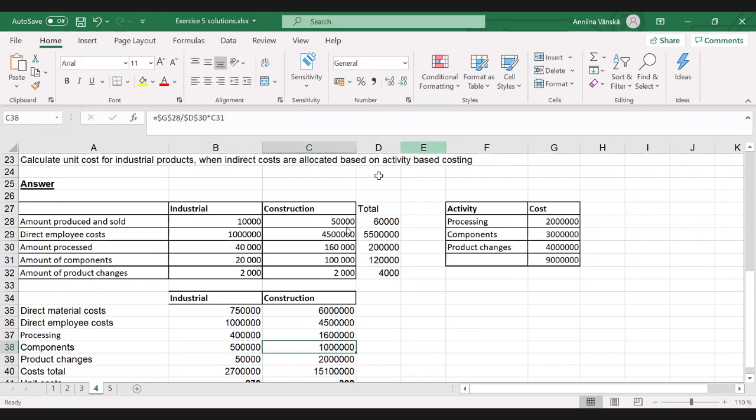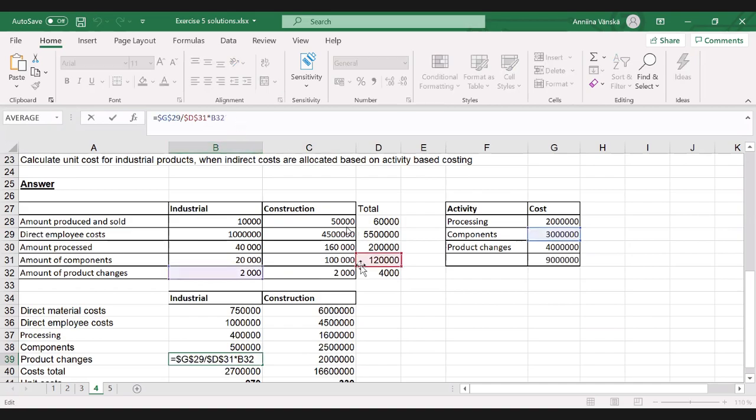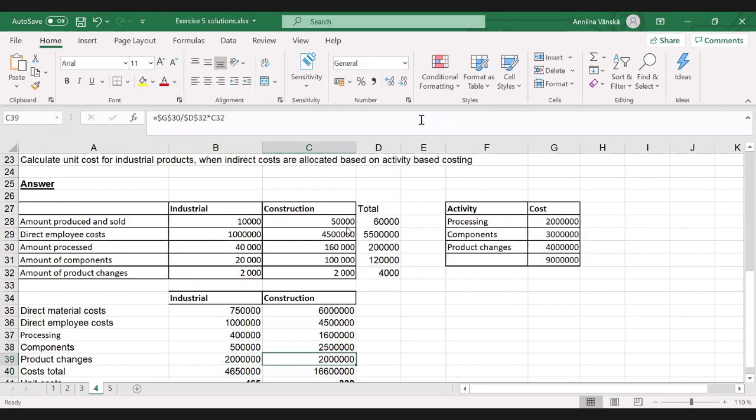And then I need to correct the same thing here. So these together are then the total cost for the components. Puzzle why I have here... here I have the correct.